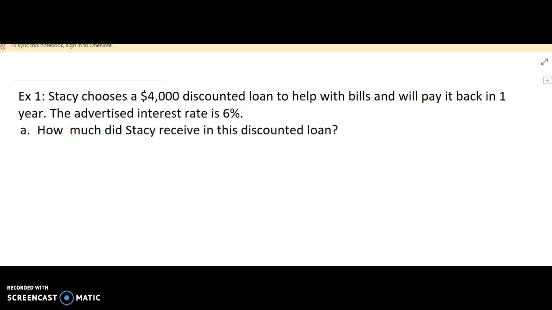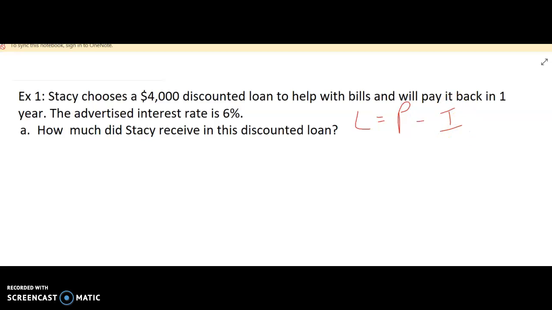Stacy chooses a $4,000 discounted loan to help with bills and plans to pay it back in a year. The advertised interest rate is 6%. So part A is, how much did Stacy receive in this discounted loan? Remember, the amount that she receives is the principal amount borrowed minus the simple interest.